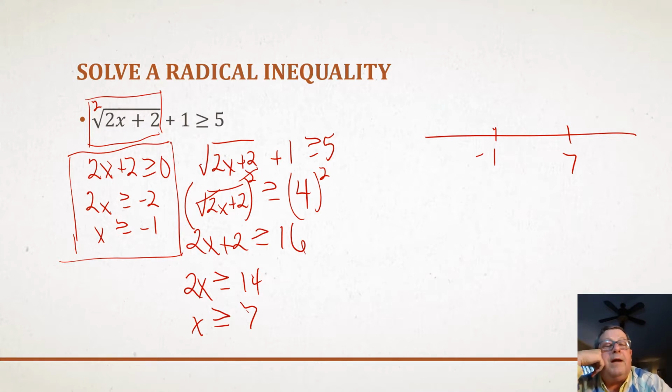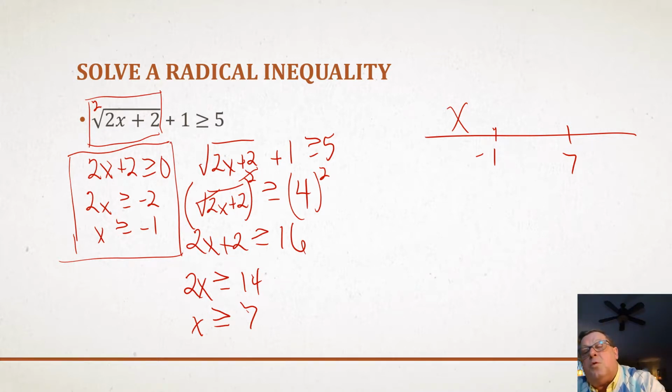But we'll do one anyway. How about negative 2? If I substitute negative 2 for x, I got 2 times negative 2, well, that's negative 4. Plus 2, negative 4 plus 2 is negative 2, and boom, that interval fails. I don't even have to finish solving.